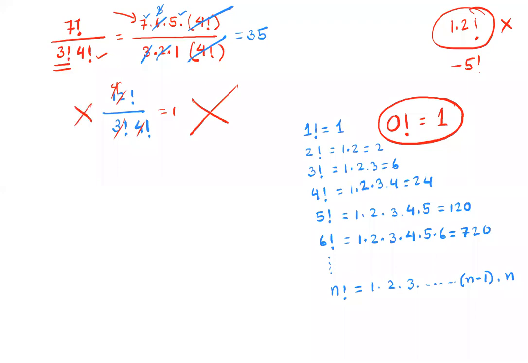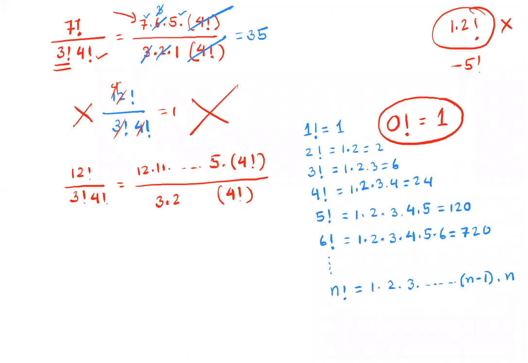Please don't do that. To simplify, 12 factorial divided by 3 factorial times 4 factorial, you have to break it down. 12 times 11 times all the way down to 5 times 4 factorial, right? Then 4 factorial here in the bottom, then 3 factorial, you still have to simplify: 3 times 2 times 1. 3 times 2 is 6.